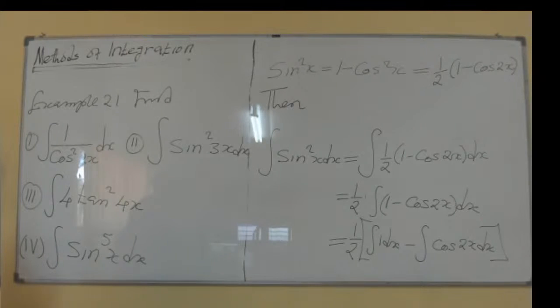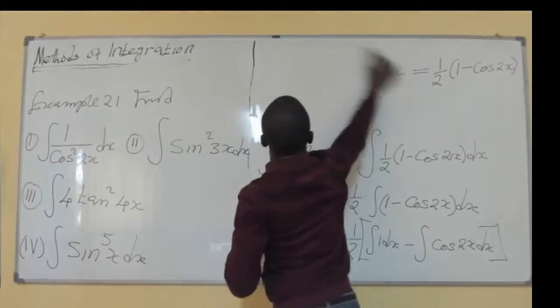Now let's look at the first example, which is 1 over cos squared of 2x. Let's look at the solution.